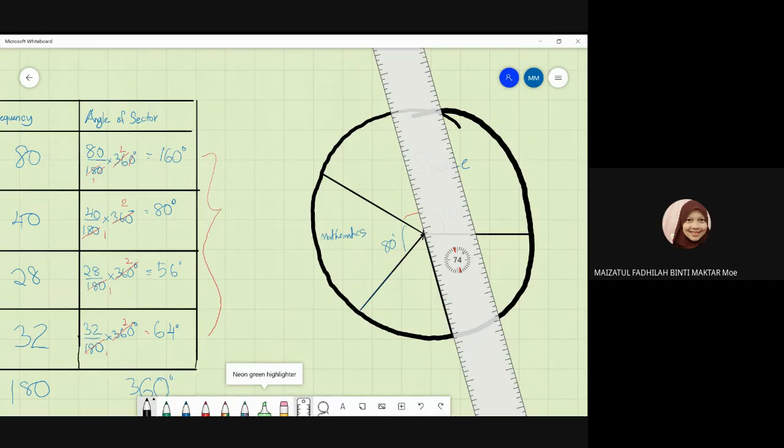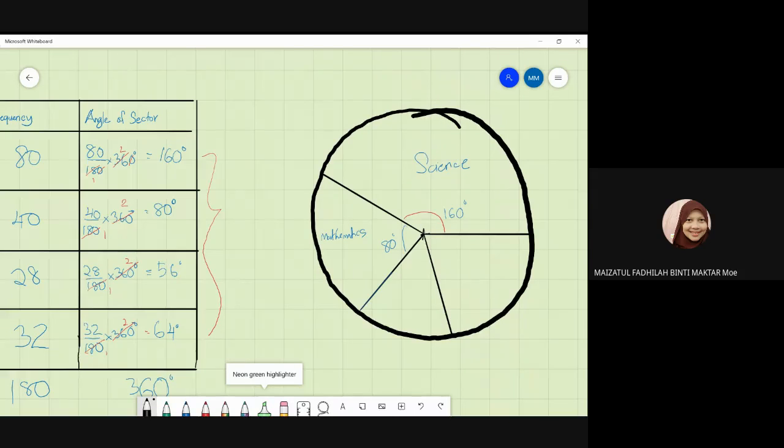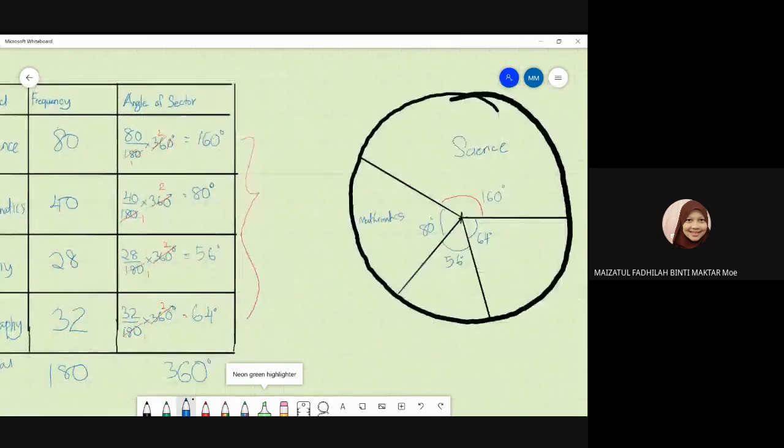Very nice. Right, so this is 56, and don't forget to label. This one is history.